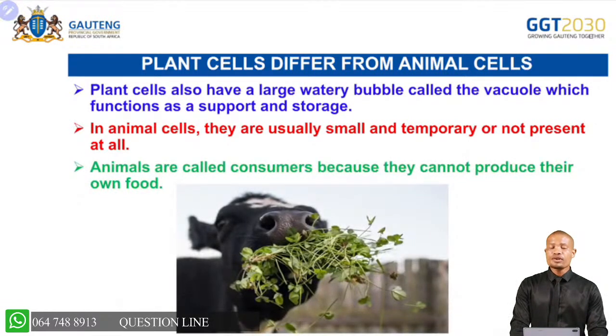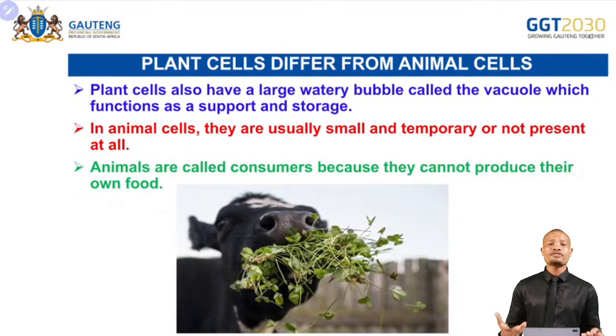Animals are called consumers because they cannot produce their own food. Some of them rely on plants for food, some rely on other animals, and some rely on both animals and plants. They can't manufacture their own food because they don't have chloroplasts, which have chlorophyll, so they can't photosynthesize to make their own food.